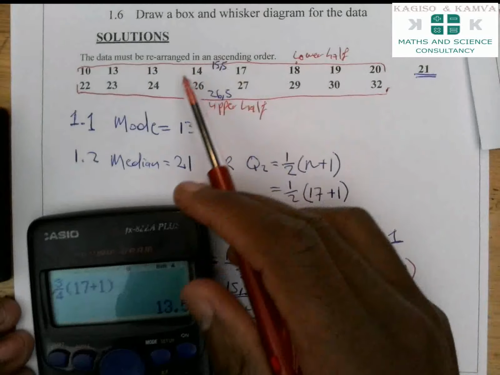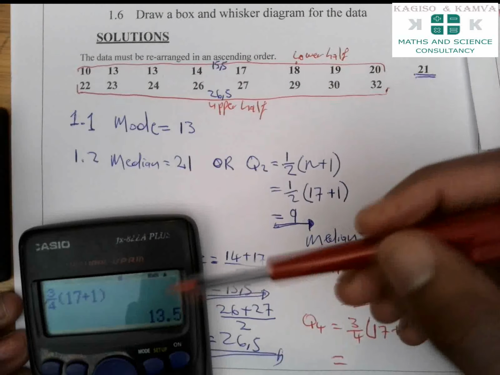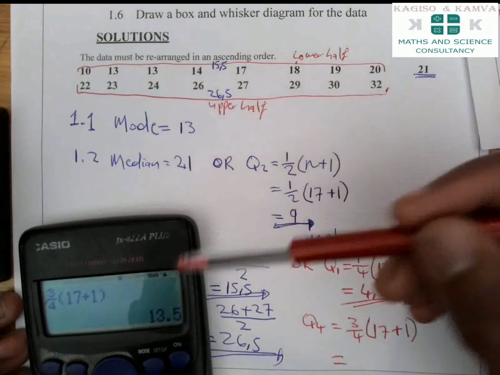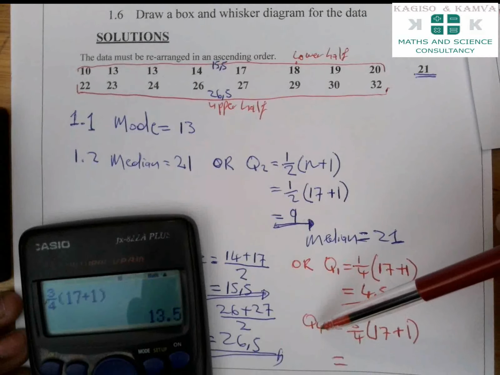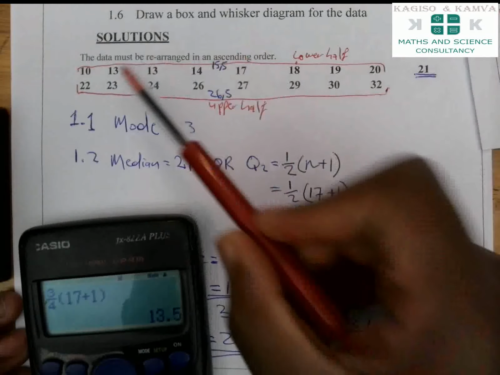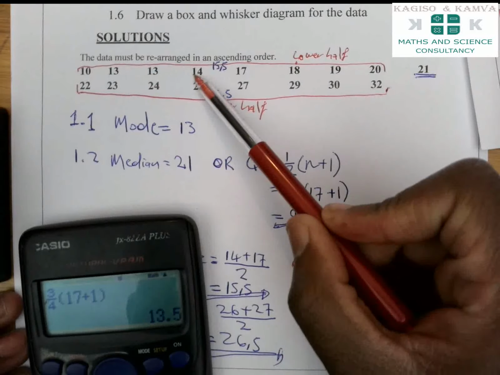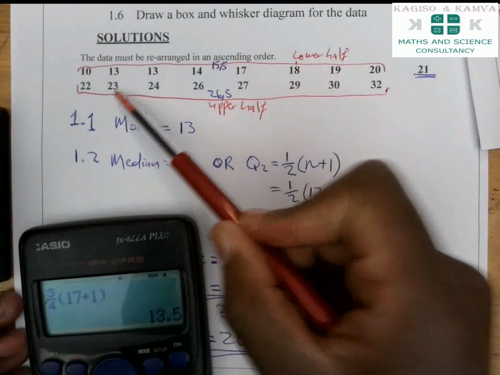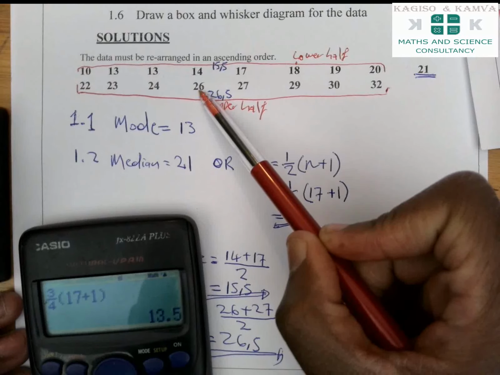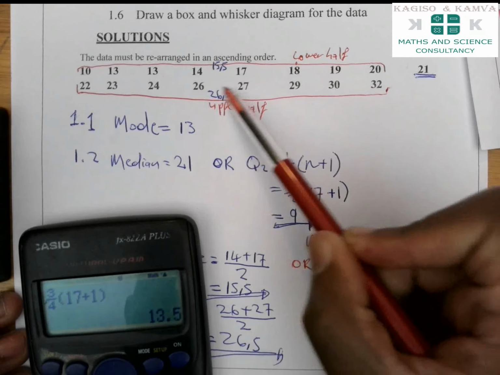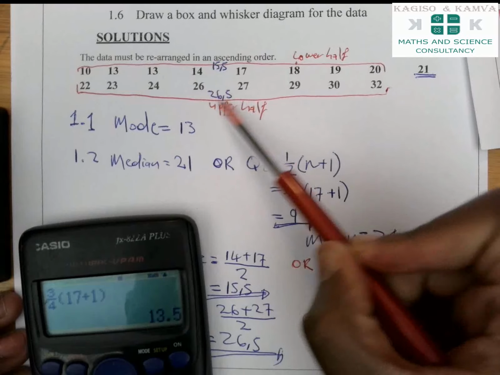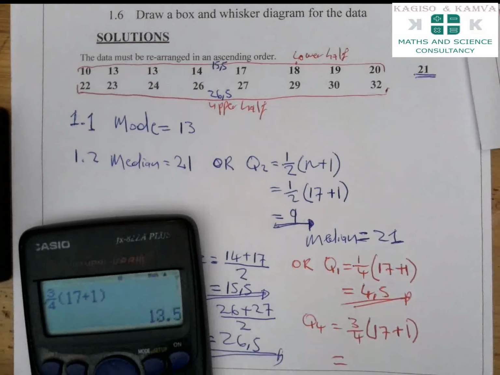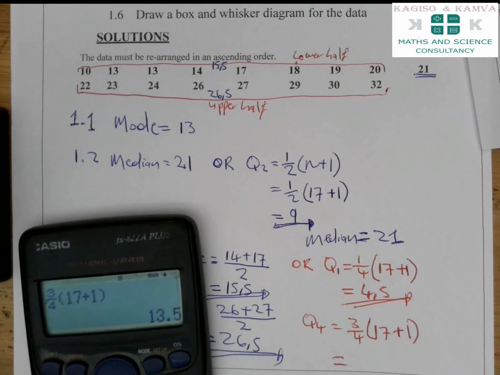Now let us count in our data set the position of the upper quartile: 1, 2, 3, 4, 5, 6, 7, 8, 9, 10, 11, 12, 13. 13.5, yes, that will be the position of the upper quartile.